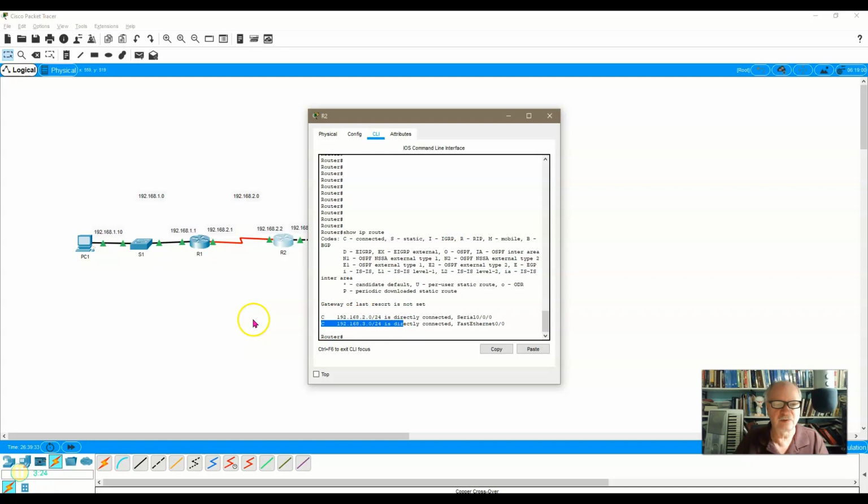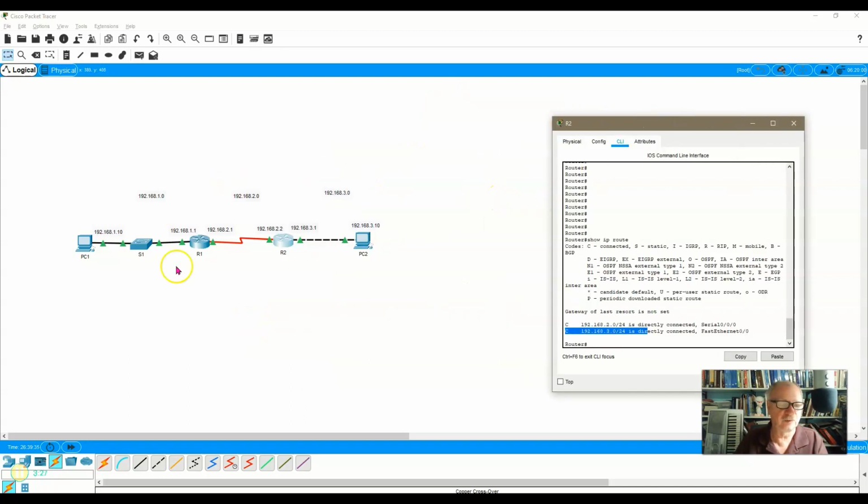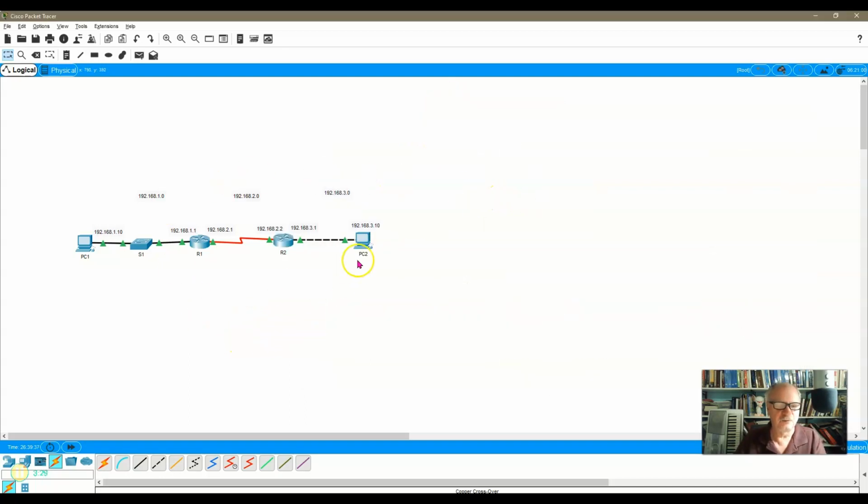Now you may remember in an earlier lab, in fact this is right out of that lab, you were asked to ping from PC1 to PC2, and it failed. And there was a question, why did it fail? We're learning the answer this week. This PC sent the packet over to the switch. That sent the packet over to the router.